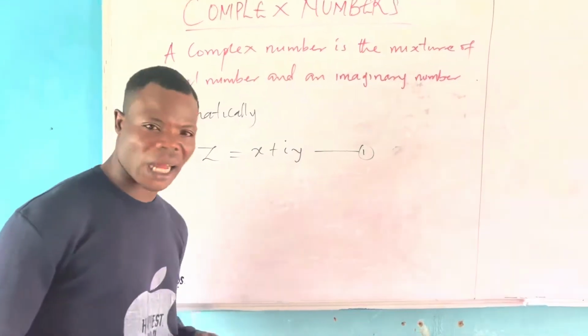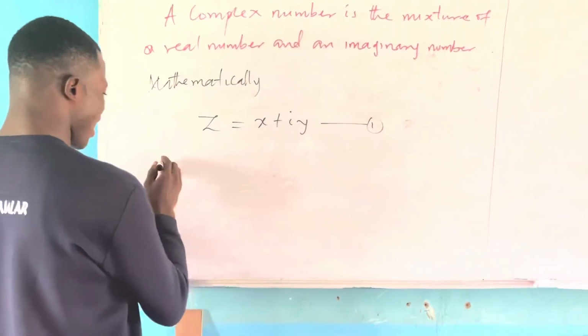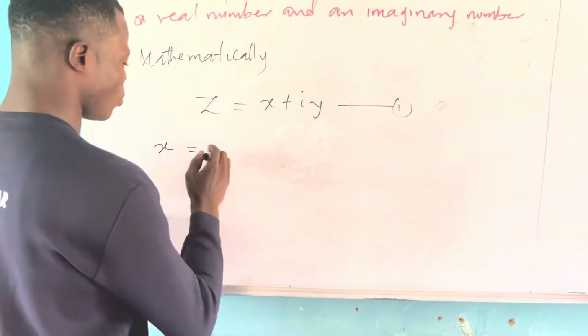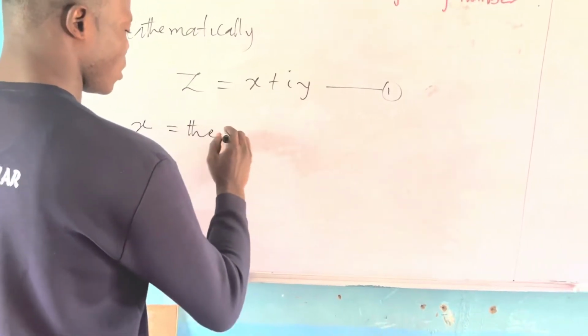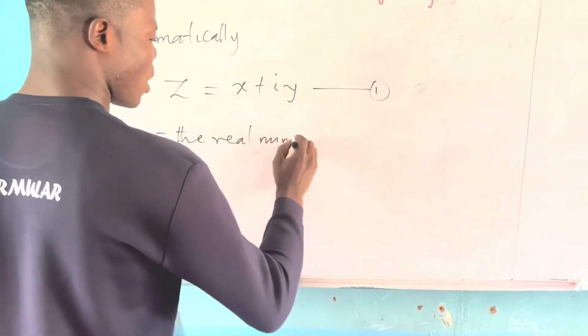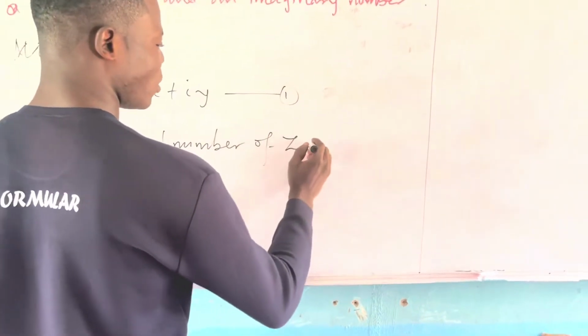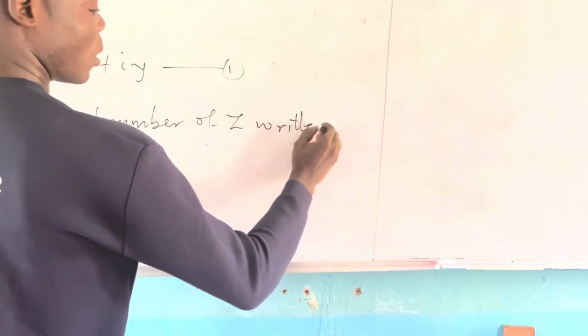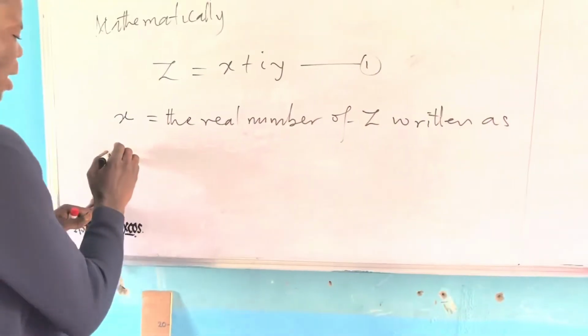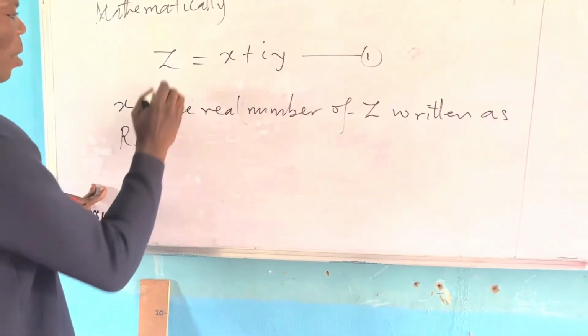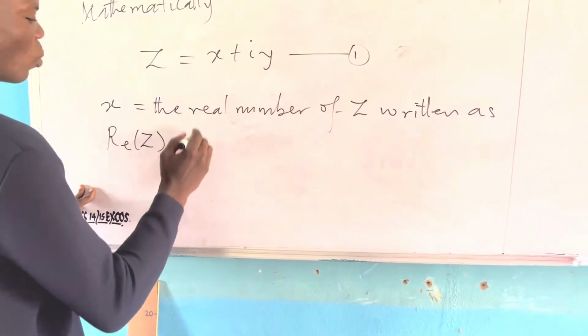So let's define the terms. That is, x is equal to the real part of z, written as Re(z) equal to x.